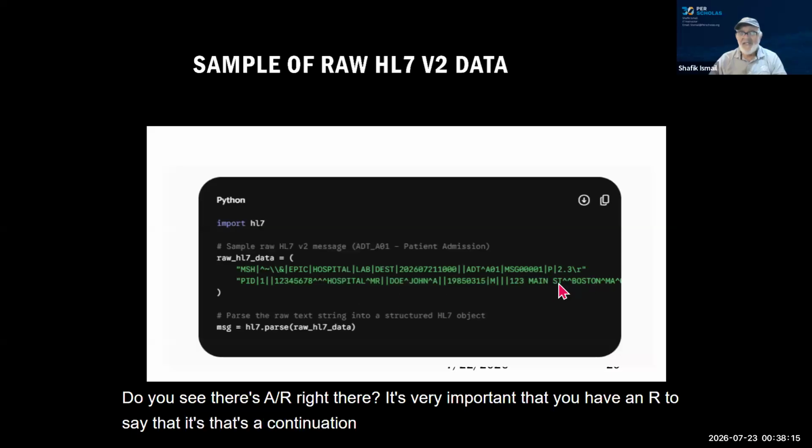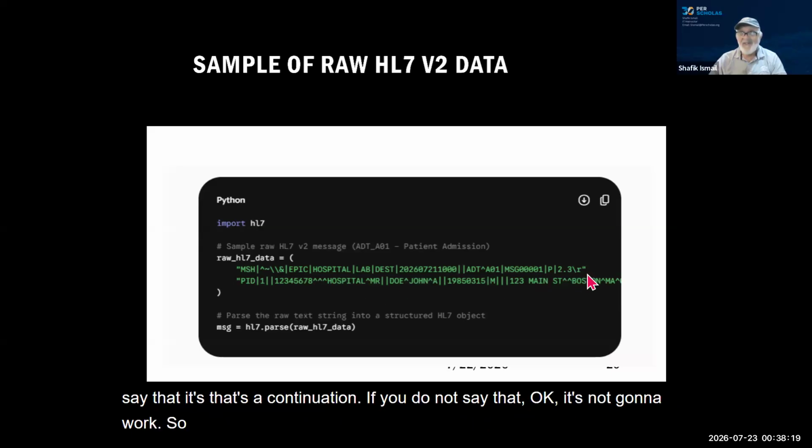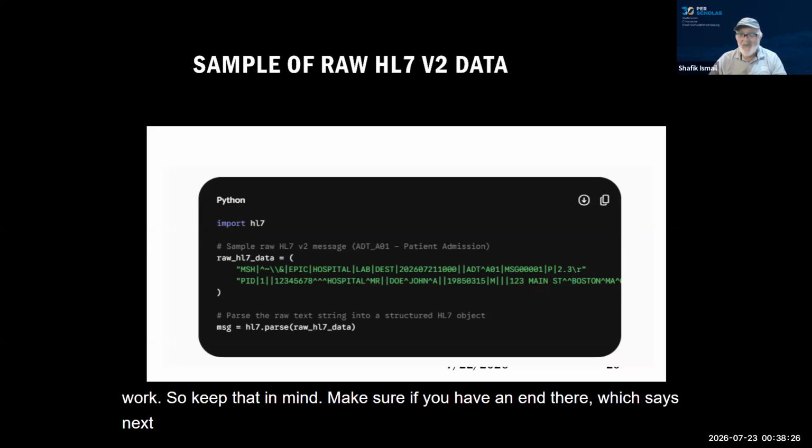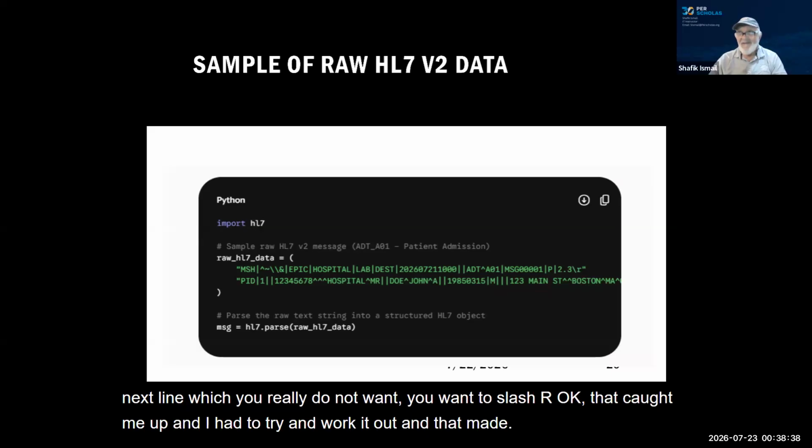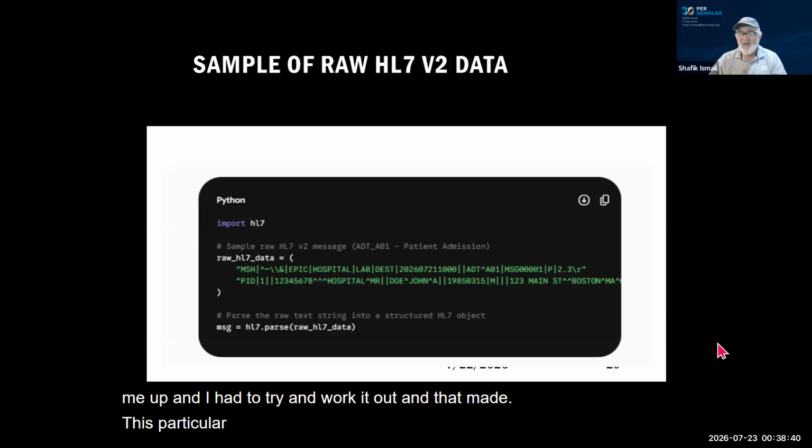If you do not say that, okay, it's not going to work. So keep that in mind. Make sure if you have an N there which says next line, which you really do not want, you want a /R, okay? That caught me up, and I had to try and work it out, and that made this particular example and this program and the script work for me. All right, so keep that in mind.